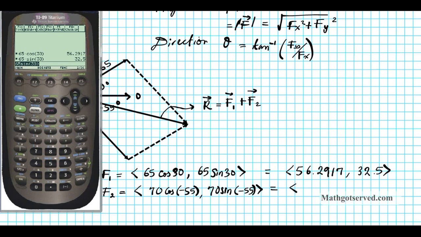And then your answer is going to be negative 57.3406. Okay, so let's write it down. For our vector F2, we have 40.1504, and then the y component of F2 is negative 57.3406.